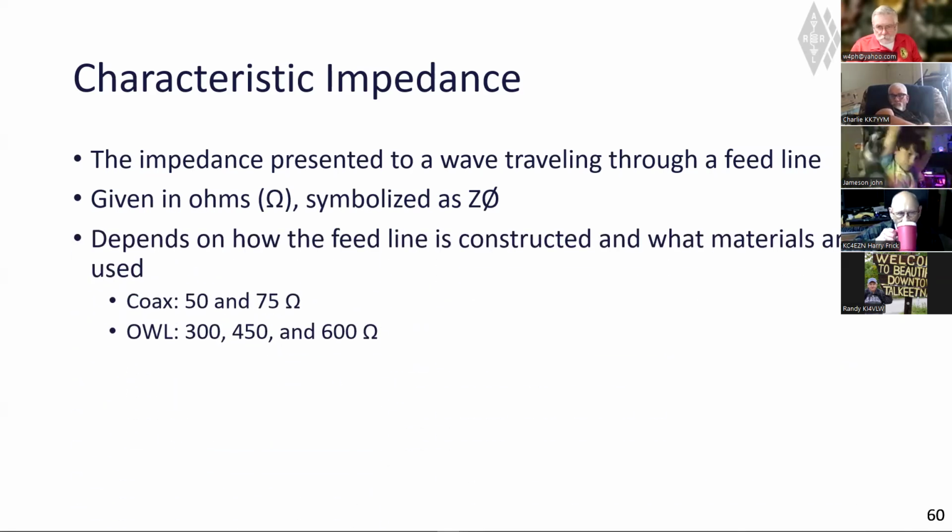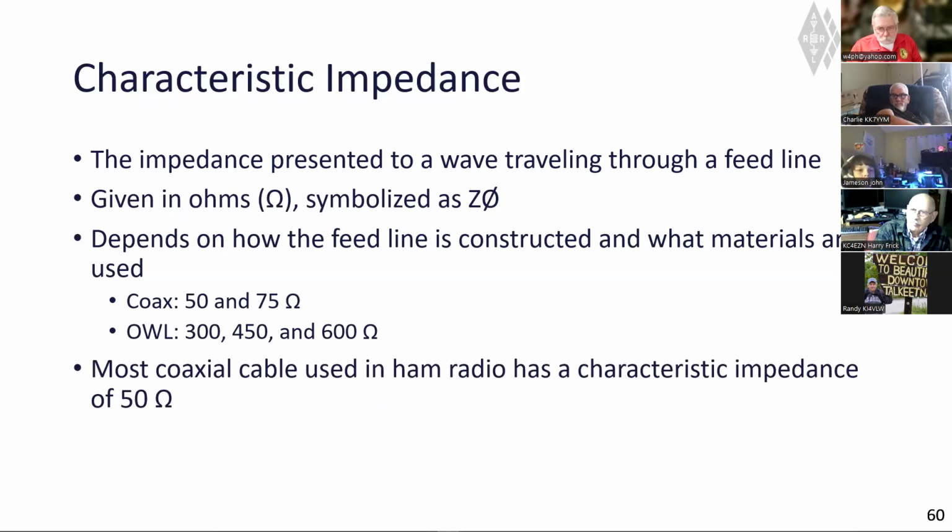Depends on how the feed line is constructed and what materials are used. Coax are usually 50 or 75 ohms, the ones that we use anyway. Open wire line 300, 450, and 600 ohms. Most coaxial cable used in ham radio has a characteristic impedance of 50 ohms.